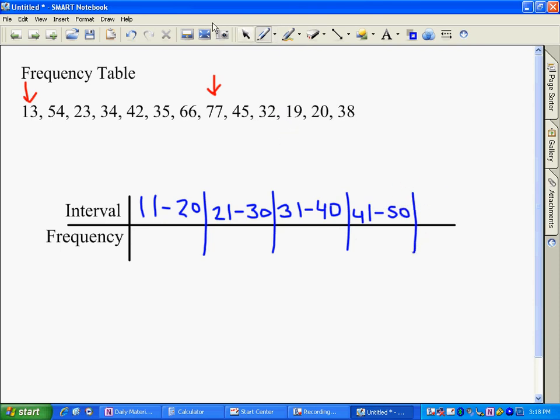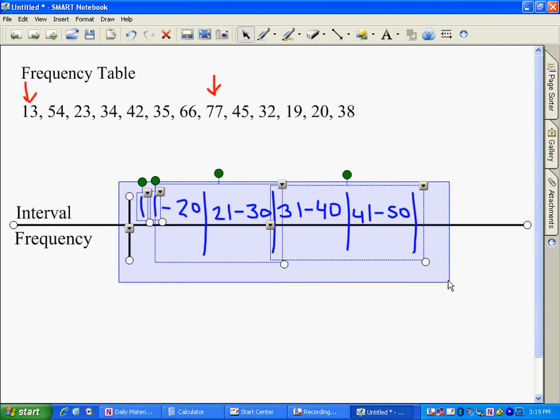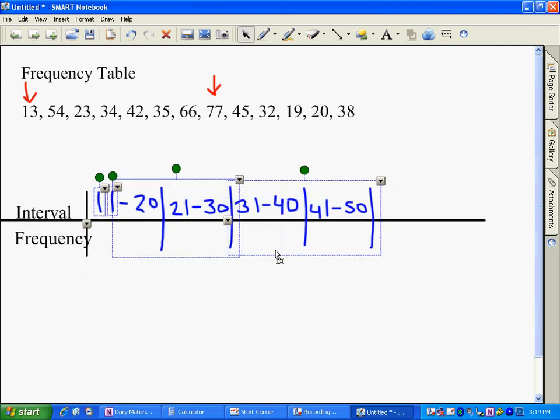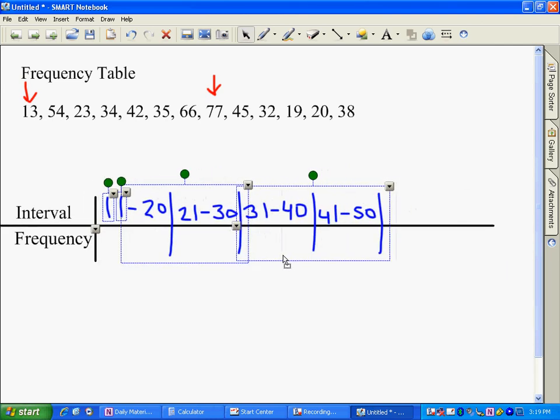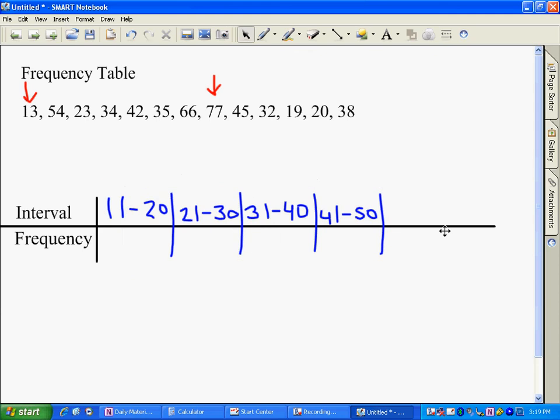And let's make this long enough so that it includes everything.